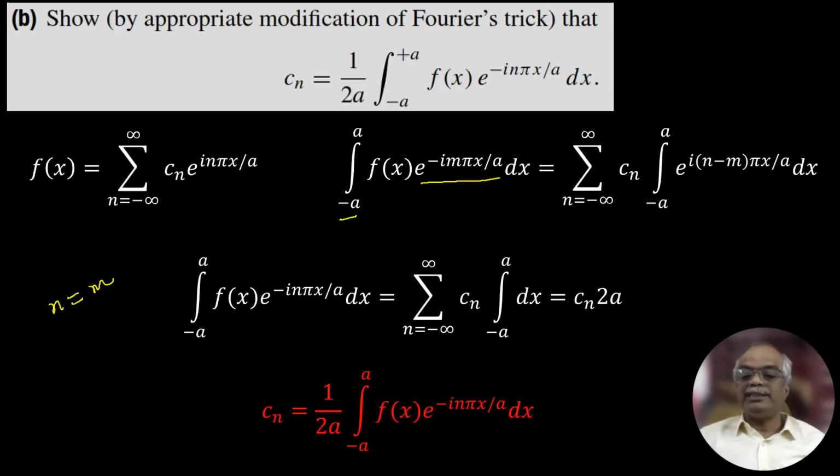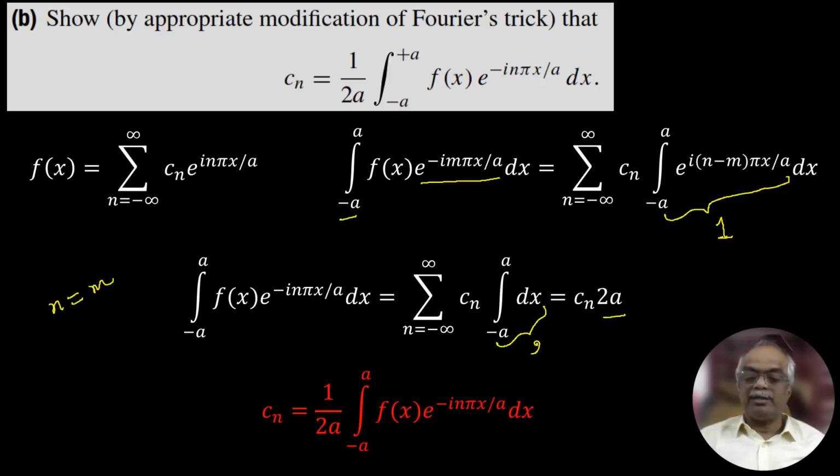This exponential term will become 1, e power 0 is 1. So this will simply become integral minus a to plus a dx. If you integrate this, you will get x, and applying the upper limit a and lower limit minus a, you will get 2a. So this integral value is 2a.